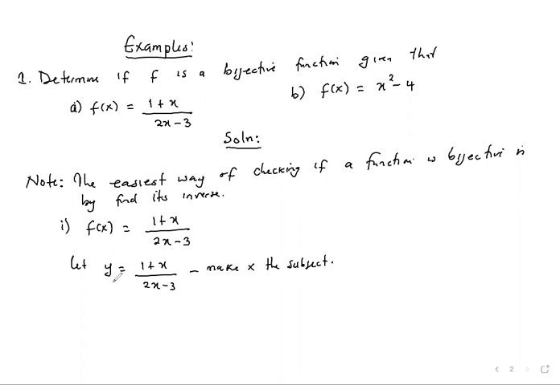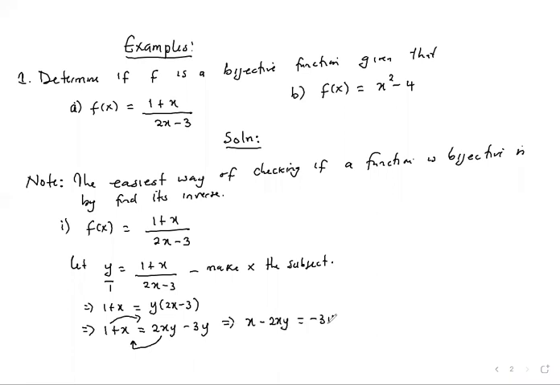So we cross multiply. We have 1 plus x is equal to y times (2x - 3). And then expand: 1 plus x is equal to 2xy minus 3y. We want to make x the subject, so we take this x to the other side and this 1 to the other side. So we have x minus 2xy is equal to negative 3y minus 1.